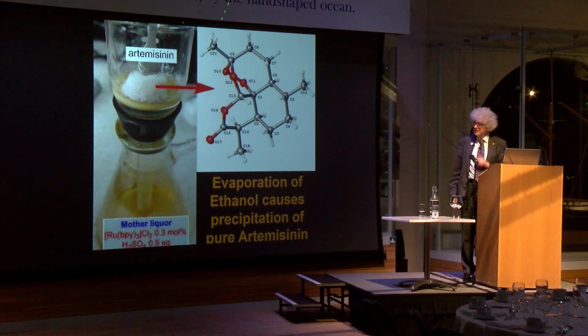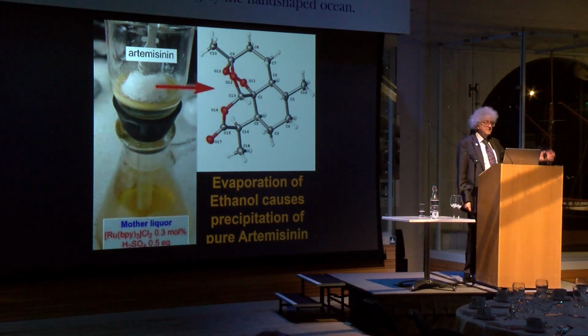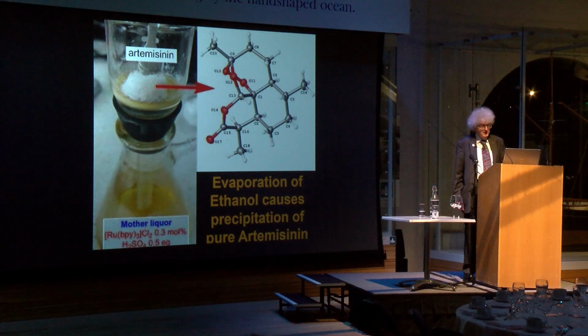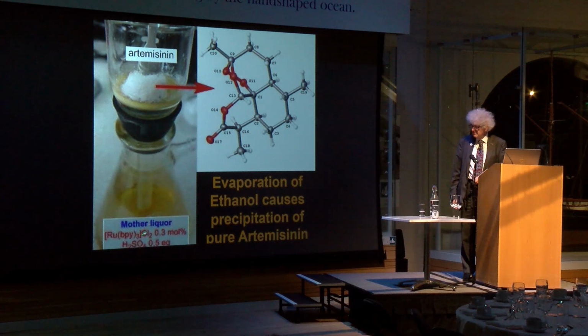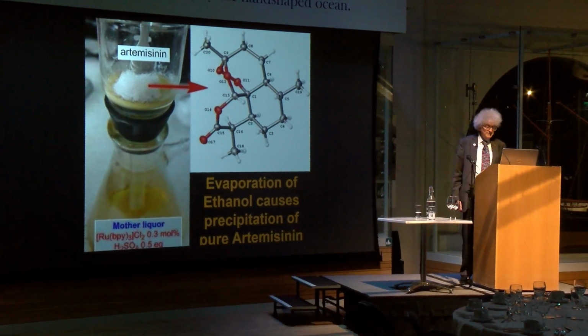And we could take one crystal of this to the X-ray lab, which conveniently was next door to our lab, and they could get the crystal structure in only an hour and a half. It's a known crystal structure, but the material was pure enough to give a diffraction pattern straight away. And all the other things, the catalyst, and the solvent and everything else went through the filter.